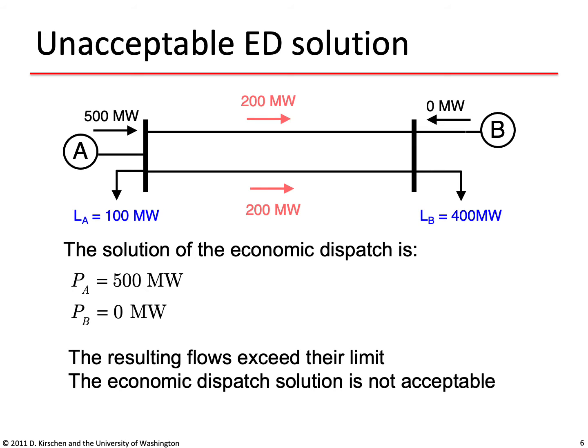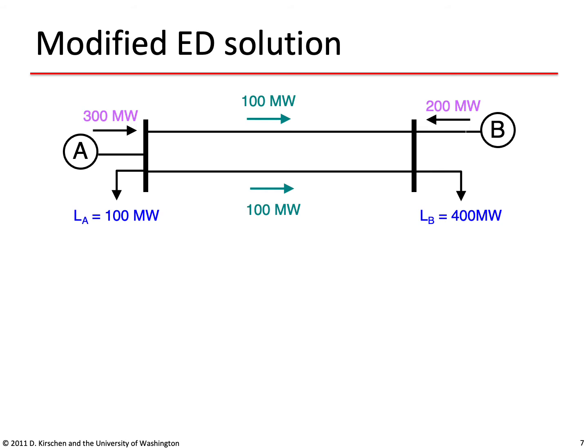Before moving on to the next slide, you may want to pause and think about how you might modify the economic dispatch to make it acceptable. The solution consists in reducing the output of generator A to 300 megawatts and increasing the output of generator B from 0 to 200 megawatts.